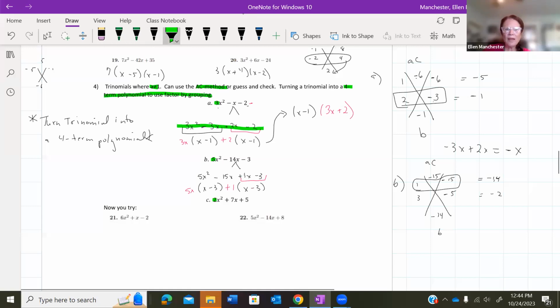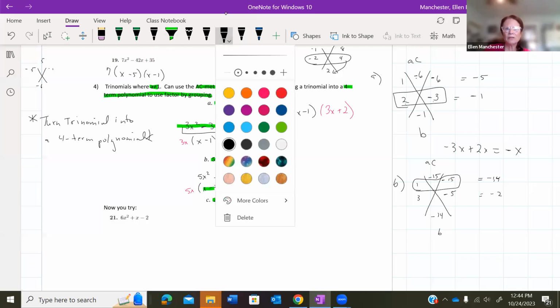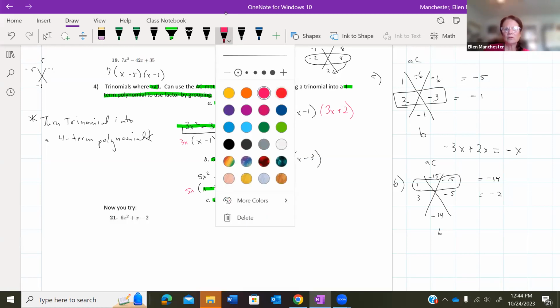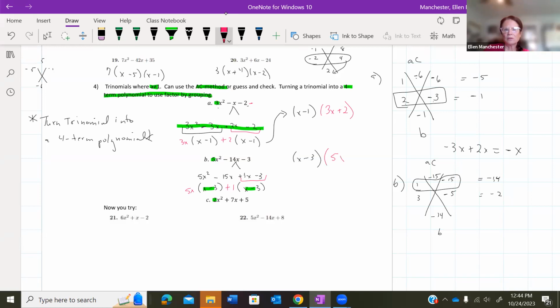Remember, these have to be the same. I can't have them different. So I factor out a 1. Now I have something to attach to my 5x, because remember, we're always going to end up with 2 binomials. Always 2 binomials when you're factoring a trinomial.